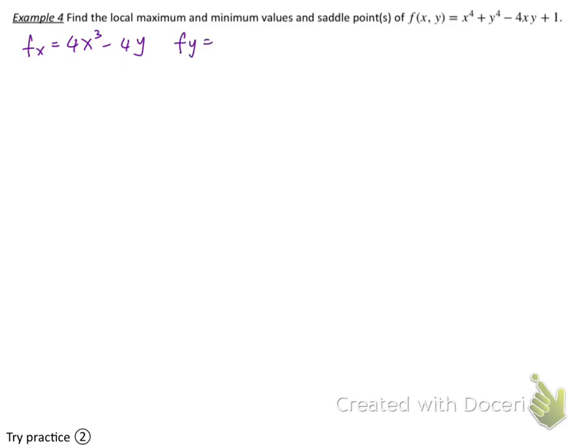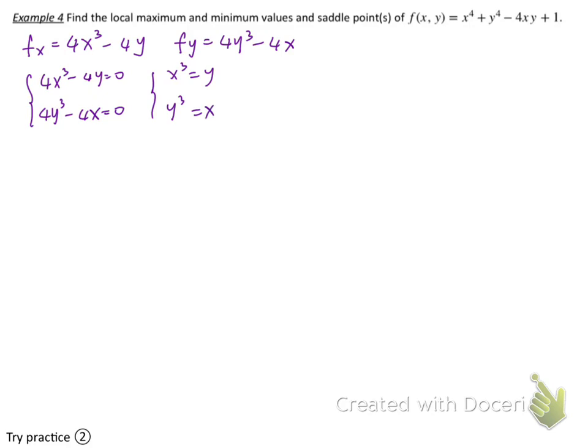And f sub y will be: x^4 gives 0, y^4 gives 4y^3, minus 4x, 1 gives 0. So I have 4x^3 minus 4y equals 0, and 4y^3 minus 4x equals 0. Or if you divide by 4, x^3 equals y, and y^3 equals x.